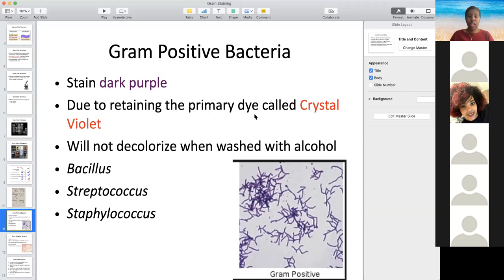Make sure you understand that concept: when we went through the entire procedure and we tried to decolorize, the crystal violet was retained. They will not decolorize when they are washed with alcohol. Some examples of gram-positive bacteria, which you need to jot down in your notes, are Bacillus, Streptococcus, and Staphylococcus. These are all general examples of gram-positive species.